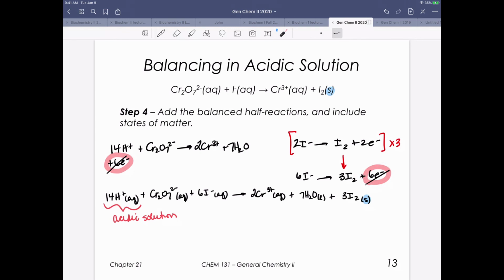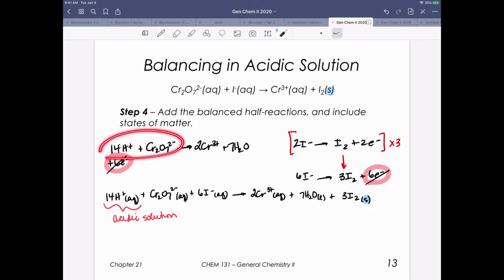Right now, I can see that I've got nothing on either of these sides that I'm going to allow to cancel. For example, if I had some water on the left side of this reaction and then water on the right side, I could have the net sum of those be something different than what was present on both sides. So not something we need to think about here. Truly, the only thing that cancels out here is my electrons.